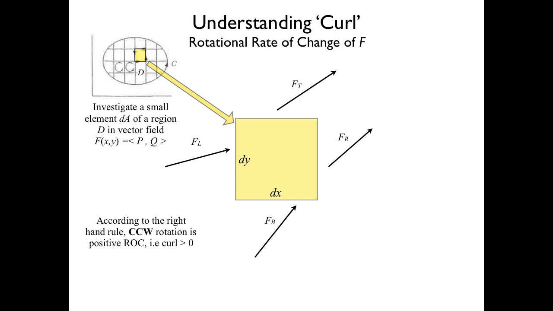So counterclockwise rotation is going to be our positive rate of change. In other words, the curl will be greater than 0. Now we're going to isolate the components of these vectors that contribute to rotation at this element.